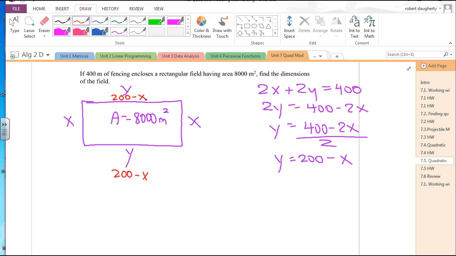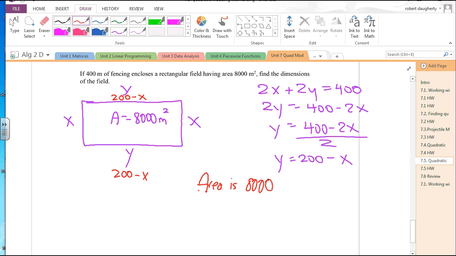The vertex is finding the maximum, okay? The area is equal to what? What's the area equal to? 8,000. So I know that the area is 8,000. What's the formula for area of a rectangle? Length times width.